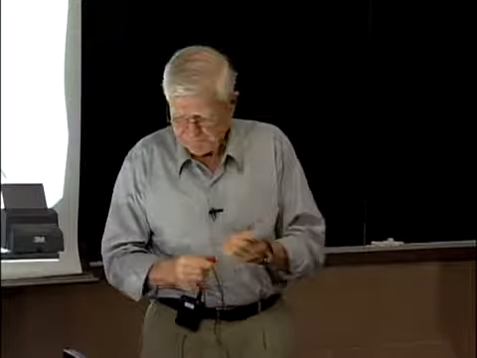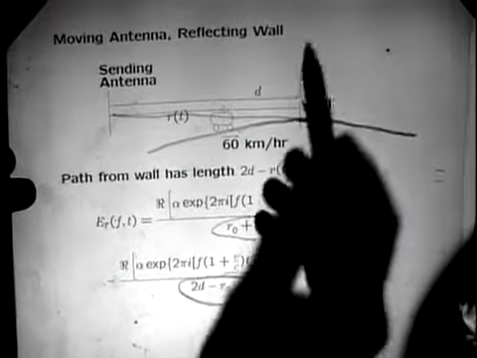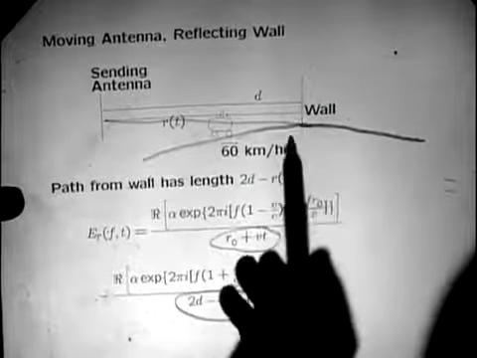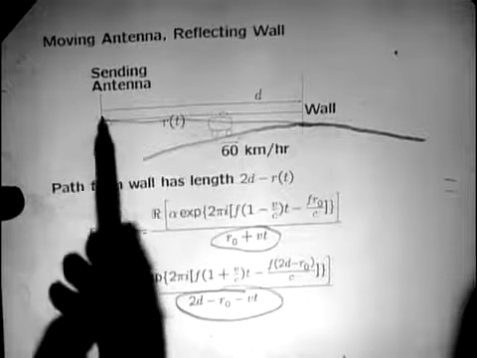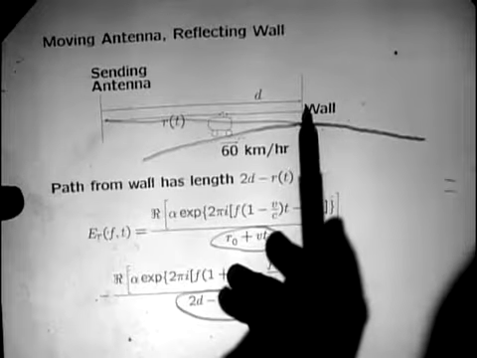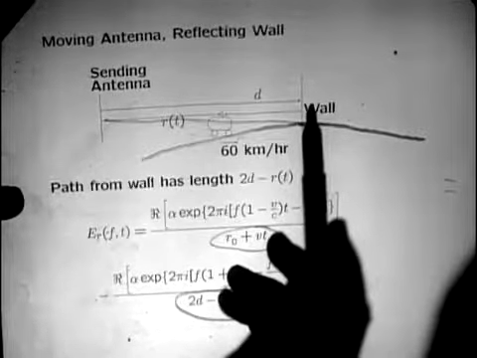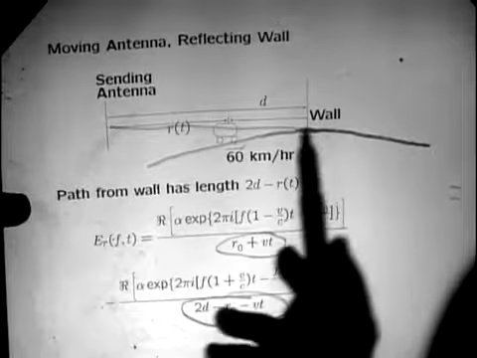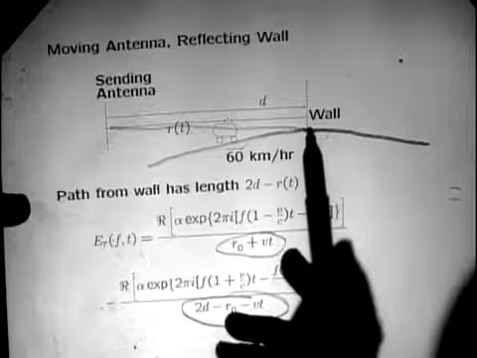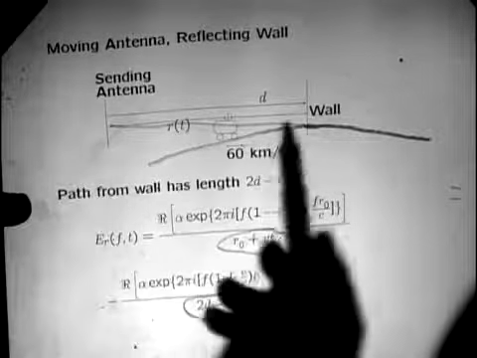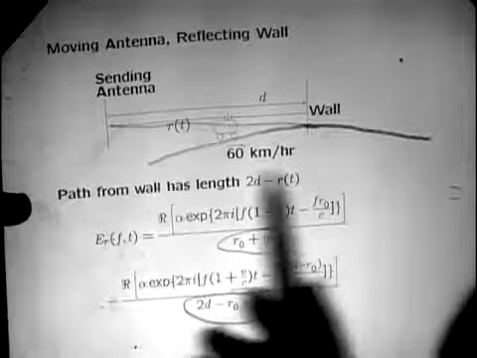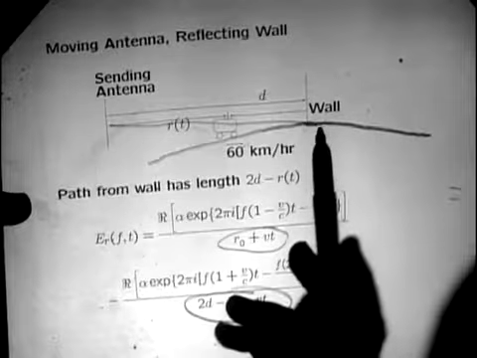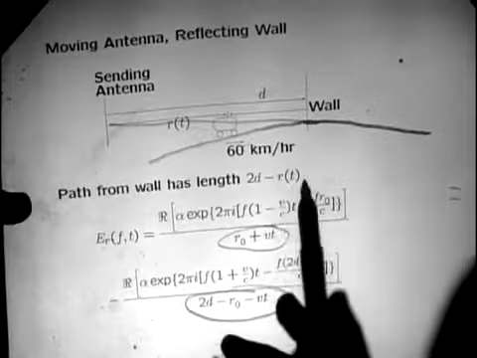And if you look at what happens here, and the wall is not big enough, if the wall is very small, this reflection is really going to look like what happens when you have an electromagnetic wave hitting the wall, and the wall then re-radiates an electromagnetic wave, which very far away, this wall just looks like a point source, and what you have is, instead of a 1 over 2d minus r attenuation, you have a 1 over d attenuation multiplied by a 1 over d minus r attenuation.